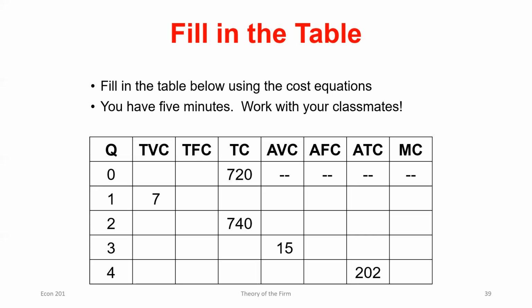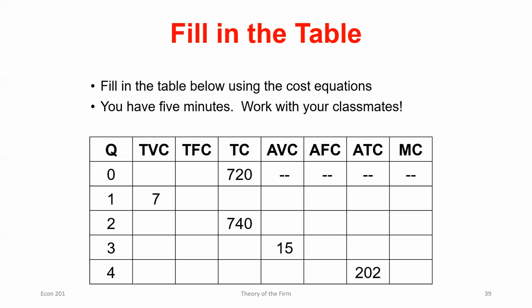My variable costs, because I know that my variable cost plus my fixed costs should be equal to the total. So my total variable costs plus 720 should be equal to that 740. Just plugging values in, now I just have to solve for the thing I don't know.